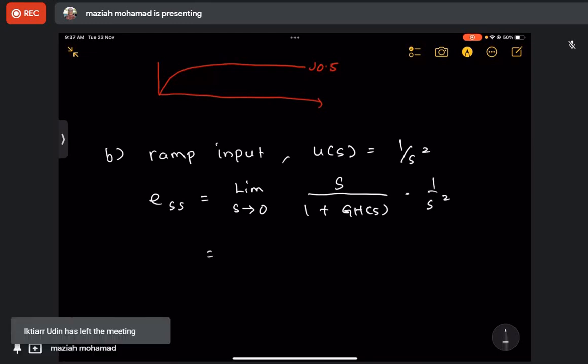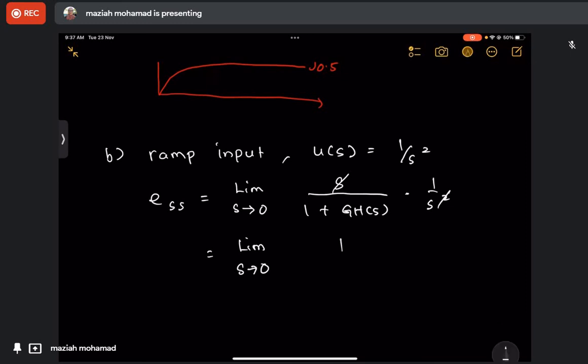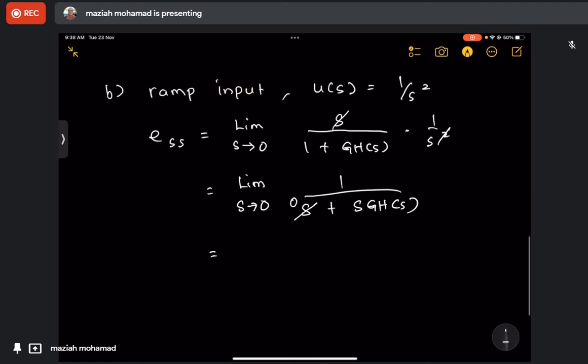We can cancel this, so it becomes 1 over s plus sG(s)H(s). If you apply the limit, the s term will become 0, so it will be left with 1 over the limit as s goes to 0 of sG(s)H(s). So that is the steady state error.